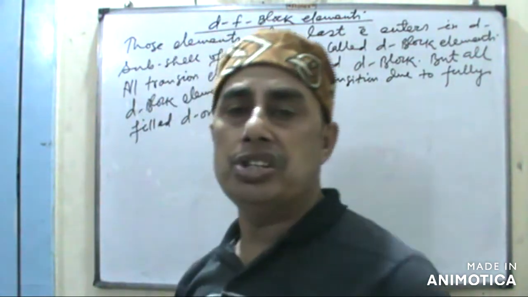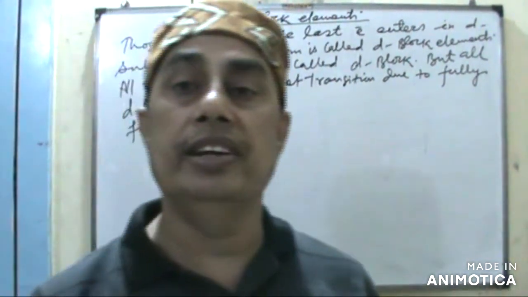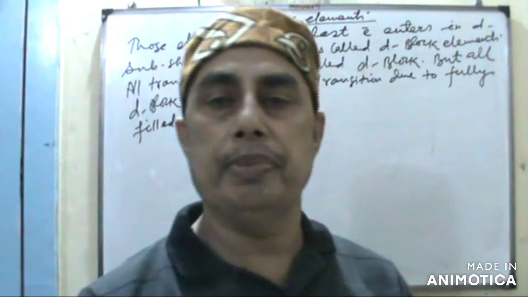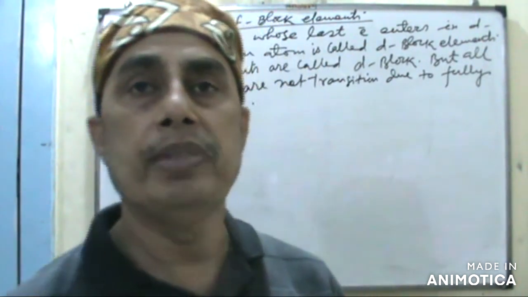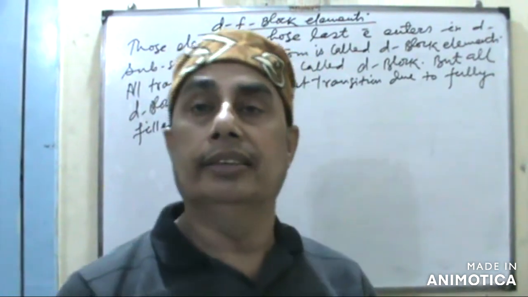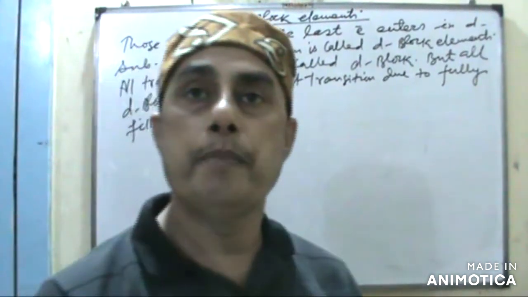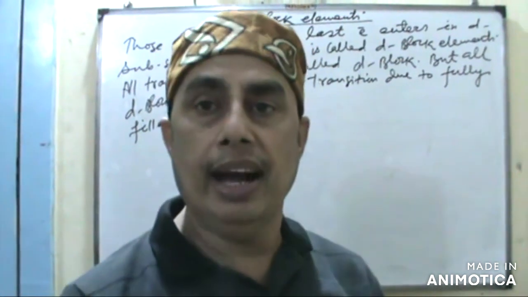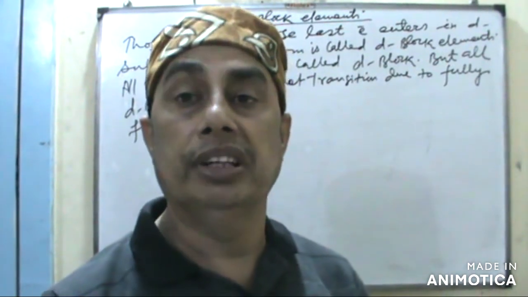Thus, transition means they have incompletely filled d orbitals. The capacity of d orbital is 1 to 10, but 1 to 9 are real transition, and the completely filled d orbitals, even though they are d block elements, are not the real transition.